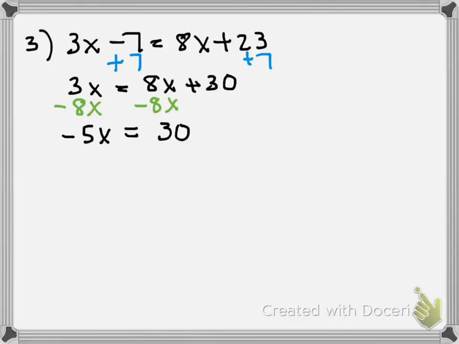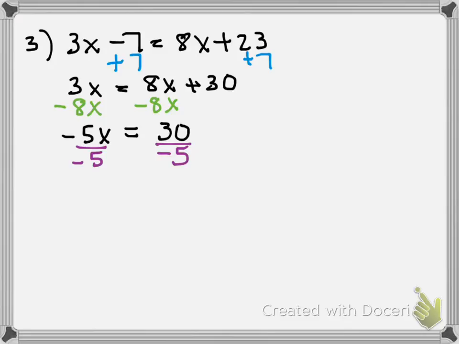It doesn't change. Okay, Alexis, what's going to happen now? What's the next step? You divide negative 5x by negative 5. Okay. One thing that I've noticed some kids do by accident is that they divide by the variable.